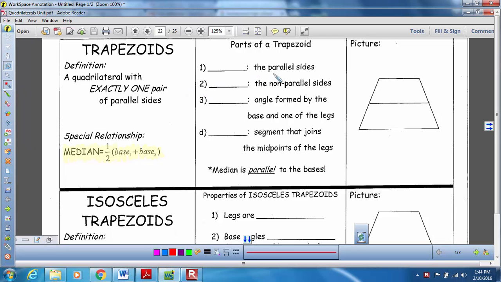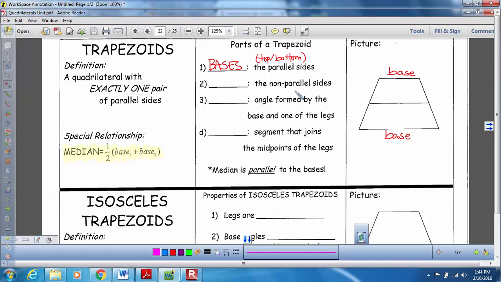The parallel sides are called the bases. So this is a base and this is a base, my top and my bottom. If you want to write top slash bottom up here so you can remember, you can.